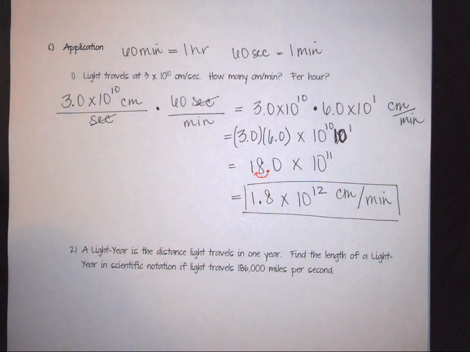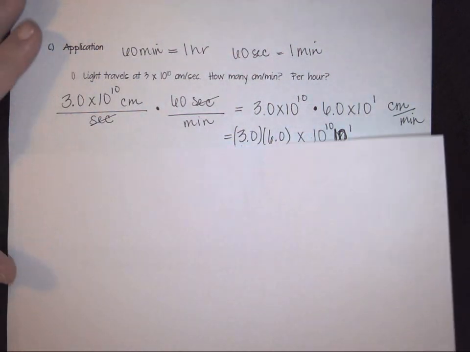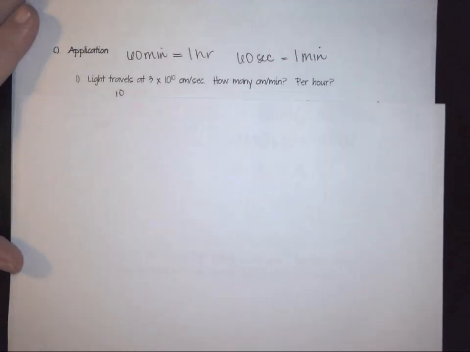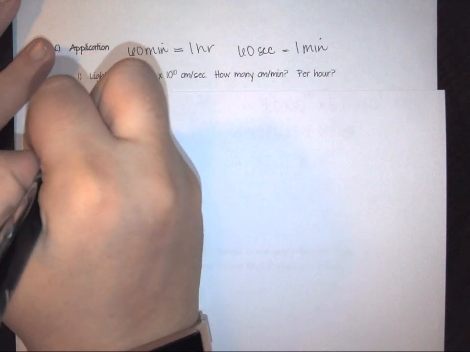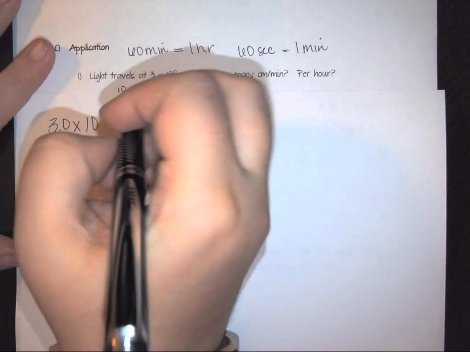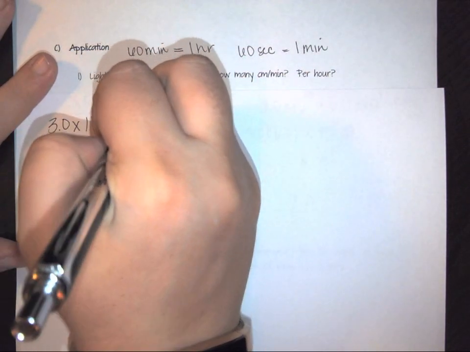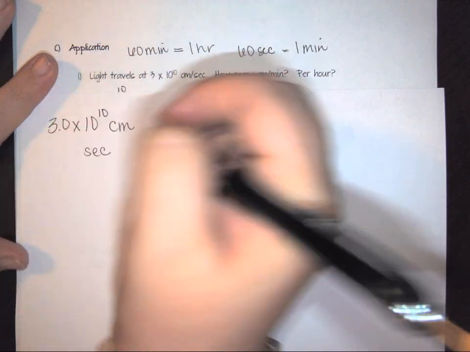Now the other one that we said we had to do was per hour. So again, we are starting with 3.0 times 10 to the 10th, and this was centimeters per second.